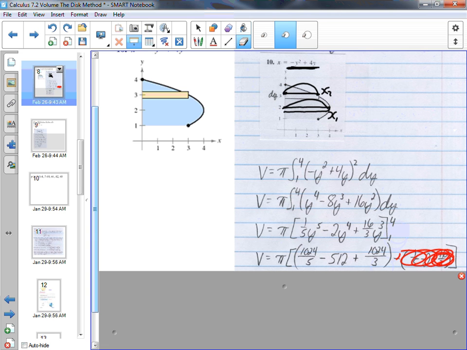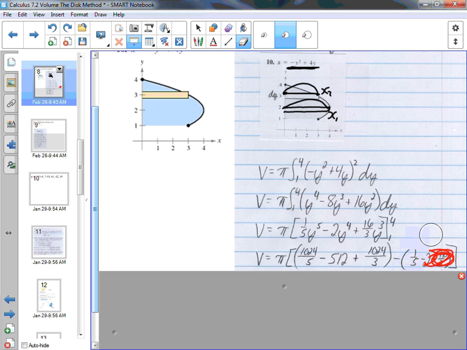And if you want to use your fraction abilities on your calculator to evaluate all that in one step, I got no problem with that. The only trouble is if you mess it up, you'll never know where you messed it up. But, you know, minus, then evaluate for 1.